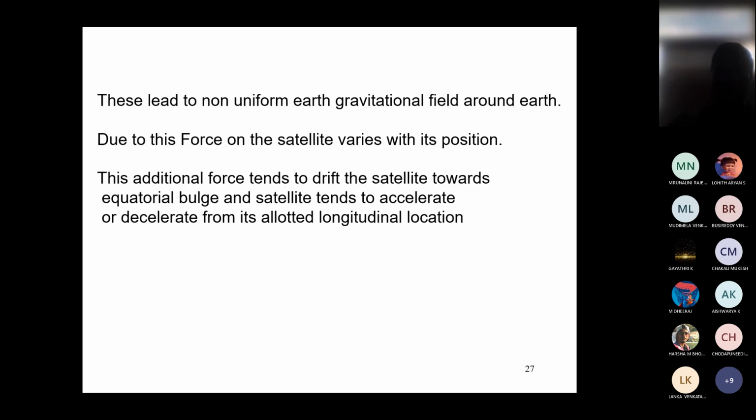So these lead to a non-uniform Earth gravitational field around the Earth. And due to this, the force on the satellite varies with its position.